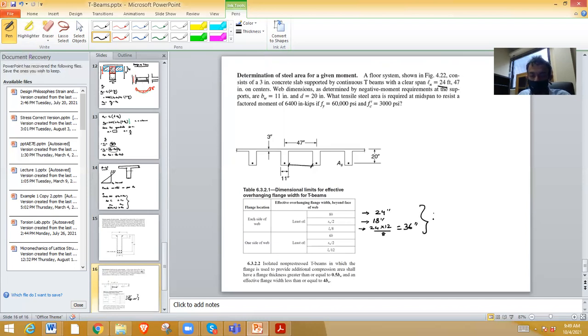So the least is 18 inches, which is Sw by 2.